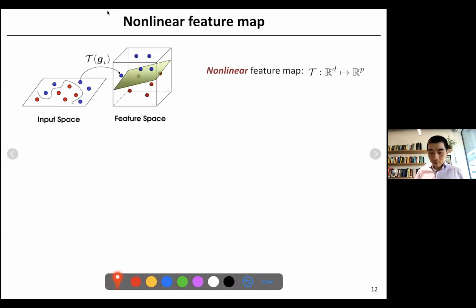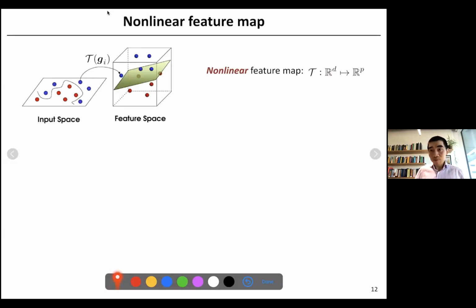You want to map the original data from d-dimensional space to a p-dimensional space. And the mapping is nonlinear, with the hope that after this nonlinear mapping, in the mapped p-dimensional space, these red versus blue dots can be linearly separable. Okay? So this is the idea.